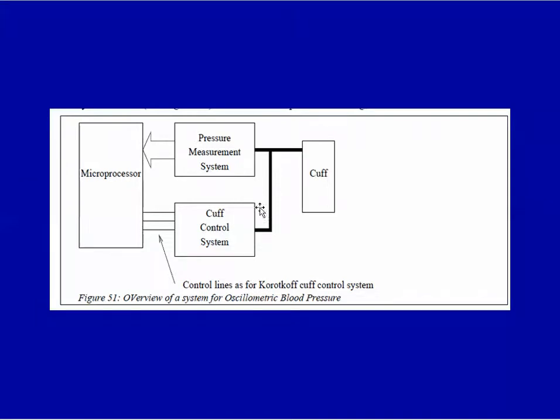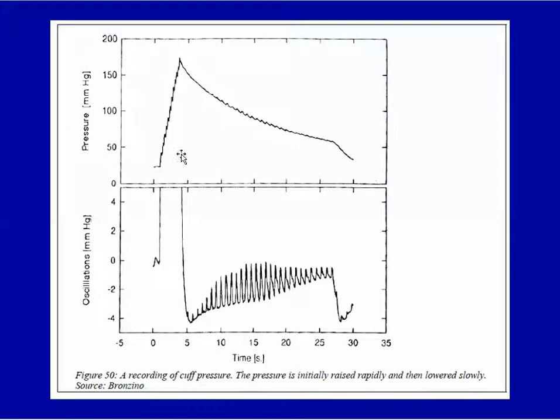As you can see from this block diagram, the cord coming from the cuff goes into the machine where it's divided. One supplies the pressure in the cuff, and the other monitors the pressure inside the cuff. And this graph here illustrates what is seen. The upper graph shows the pressure applied to the cuff.